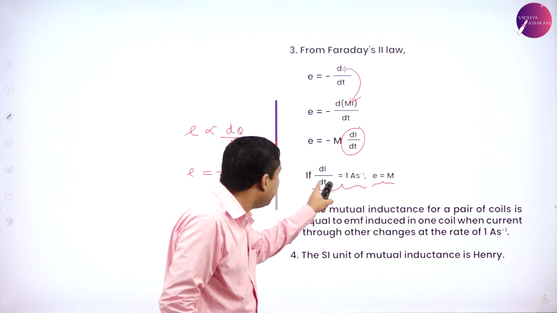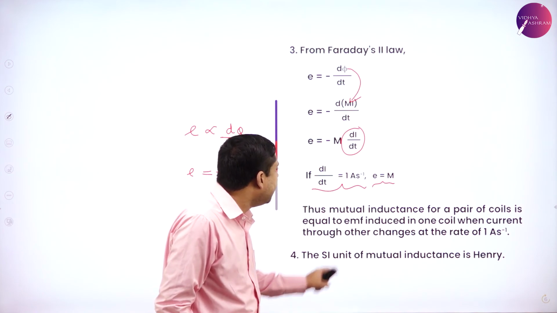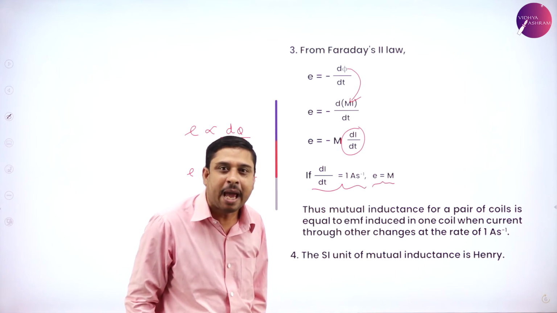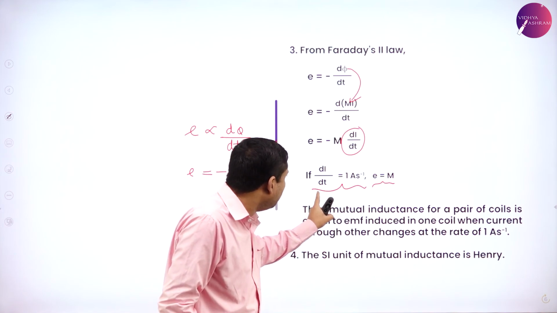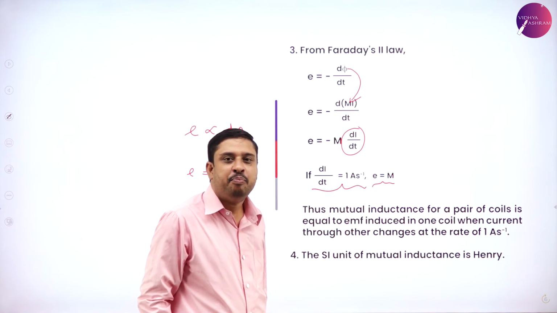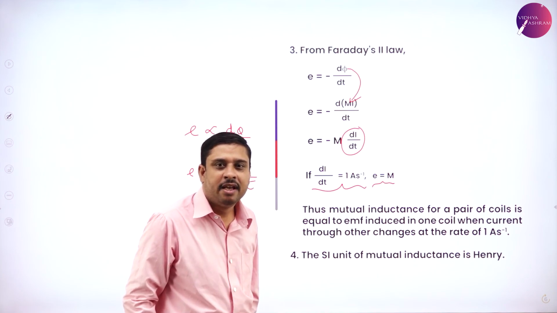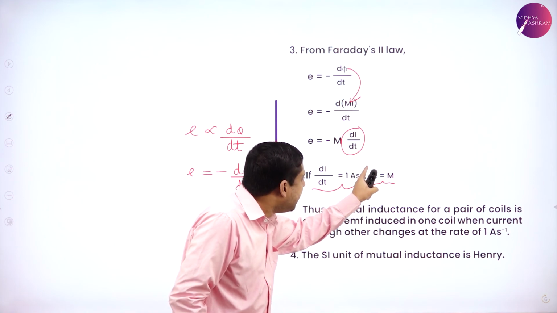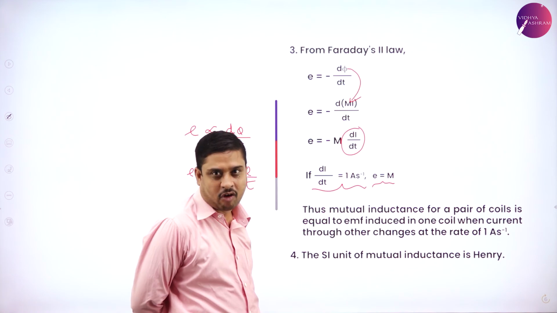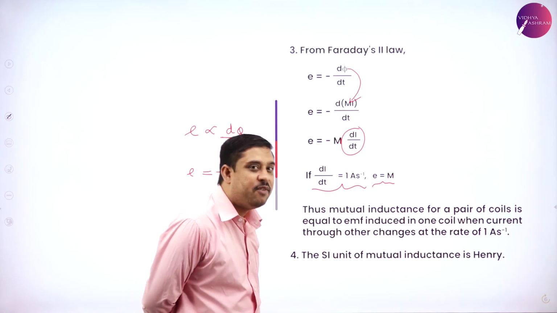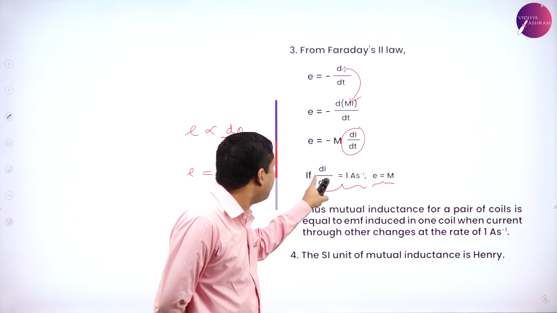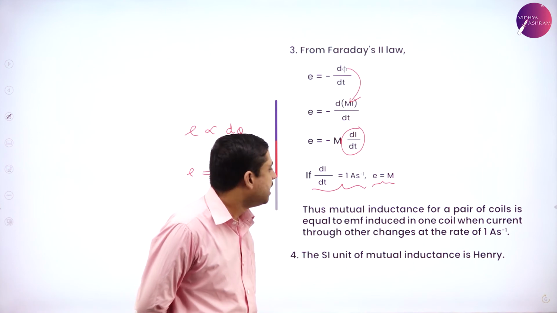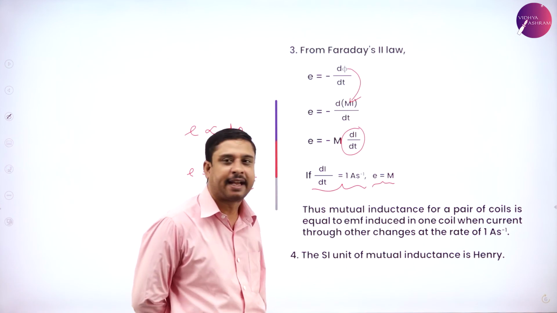See, only if di by dt is 1 ampere per second, E is equal to M. That is, the mutual inductance between the pair of coils is equal to the EMF induced in the secondary coil only when the rate of change of current across the primary is 1 ampere per second.